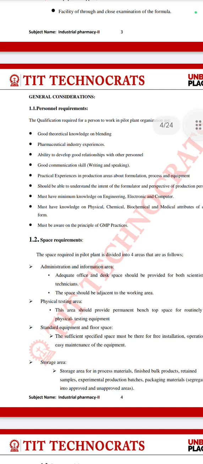The first one is personnel requirement. What qualifications are required for a person who works in a pilot plant organization? First, good theoretical knowledge on blending, pharmaceutical industry experience, ability to develop good relationships with other personnel, and good communication skill.